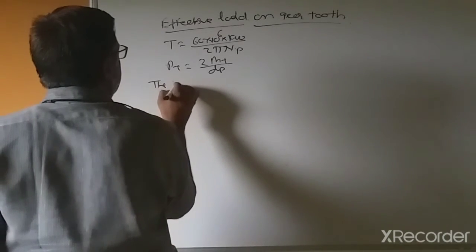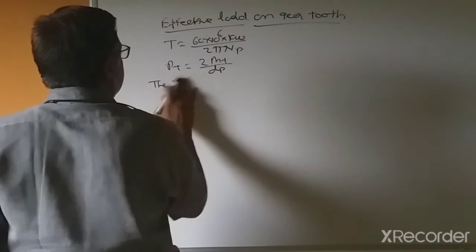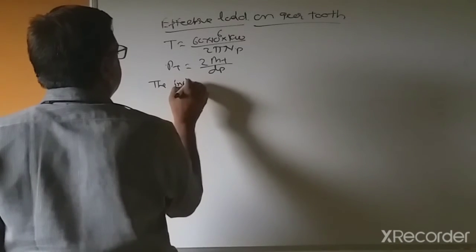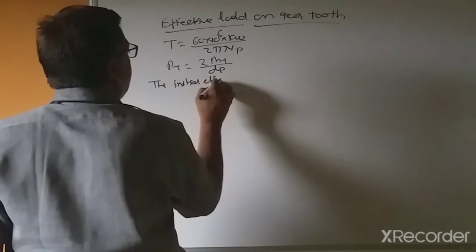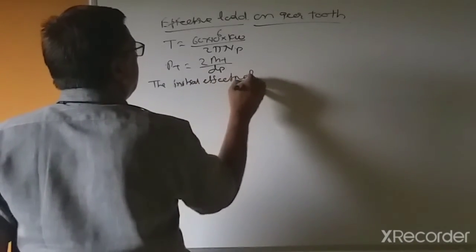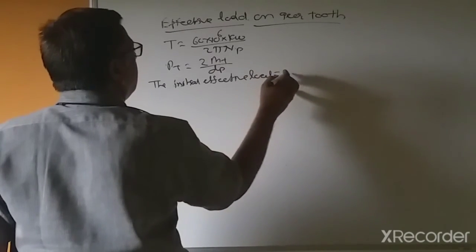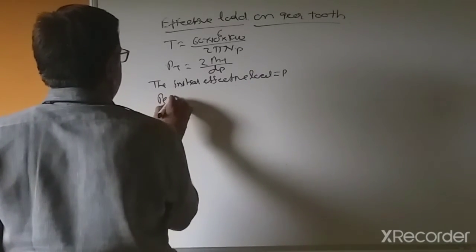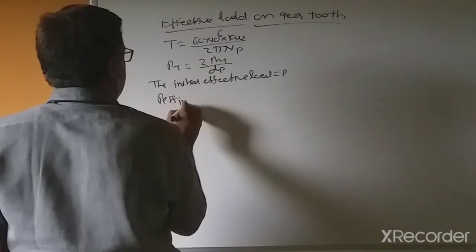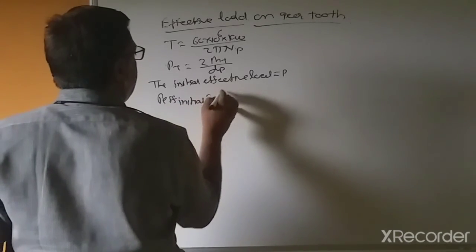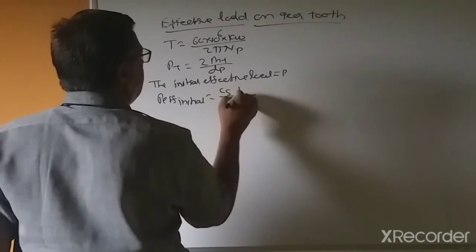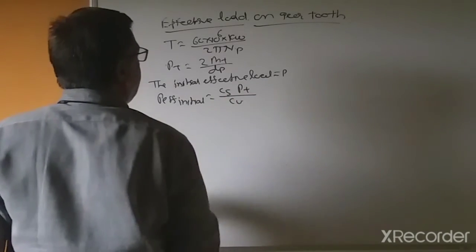The initial effective load equals CS multiplied by PT divided by CV.